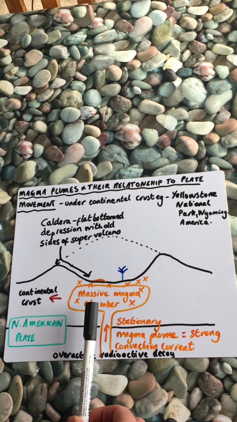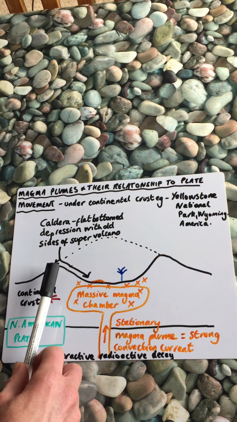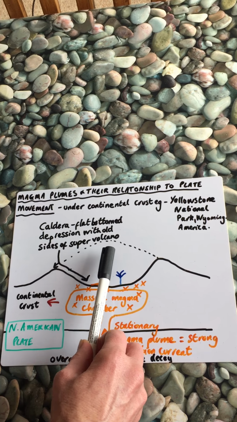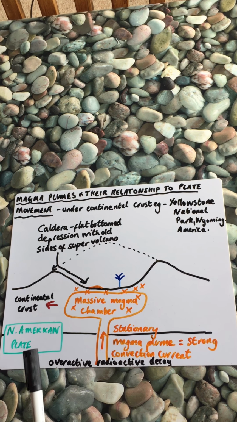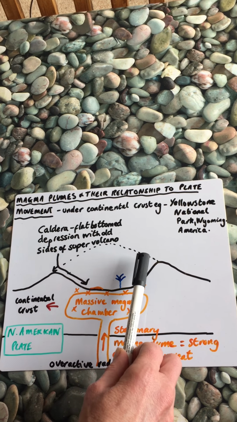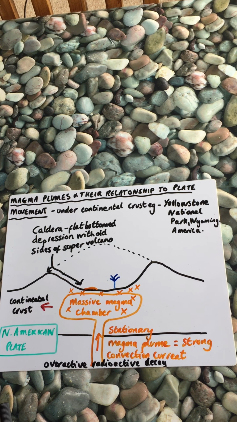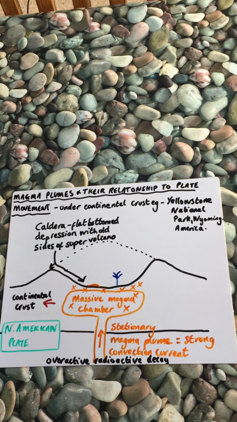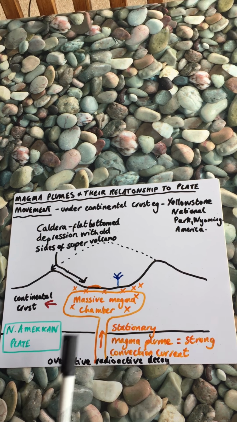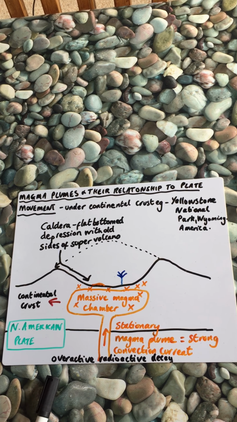Now, when I say grown, it would have grown, if you can see that dotted line above, the magma chamber would have grown into this area just here. As it grew, it would have pushed this crust to create a massive volcano, a volcano that's known as a supervolcano.